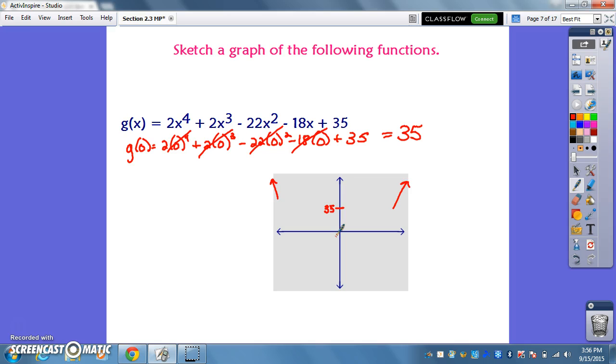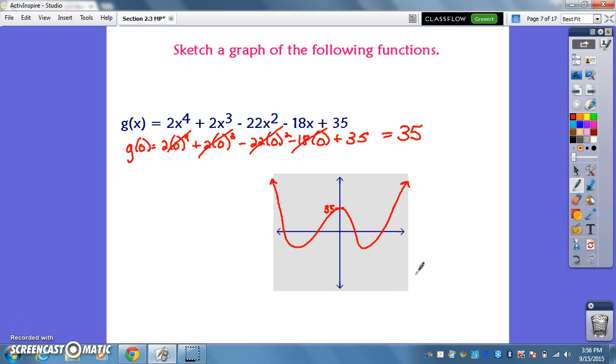Alright, now the only other thing we need to do is just fill this in, make it smooth, make it curved, no jumps, no vertical asymptotes, anything like that. And we also have to make sure we don't have too many zeros or maxes and mins. So one possible out of many, one possible way this could look would be like this.